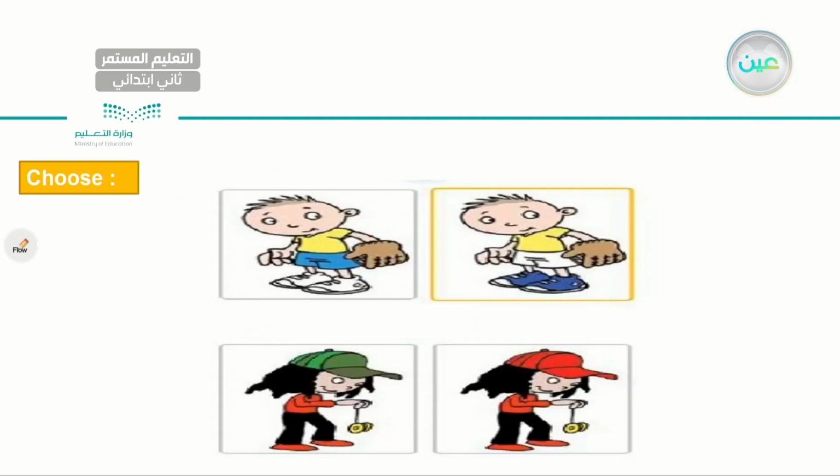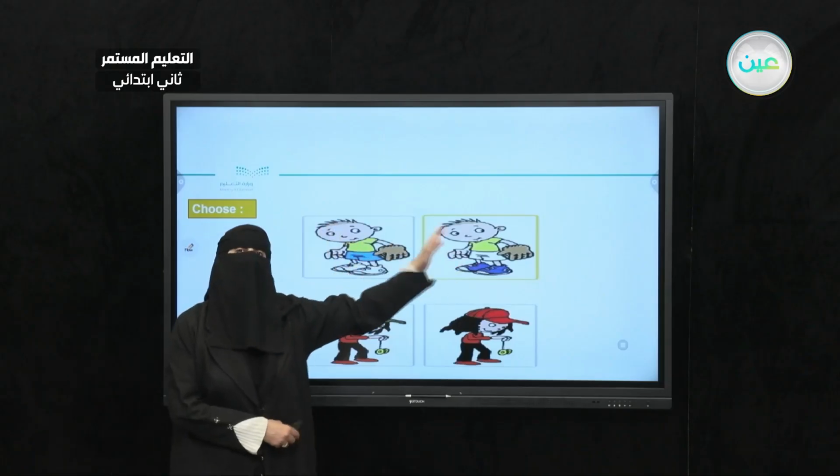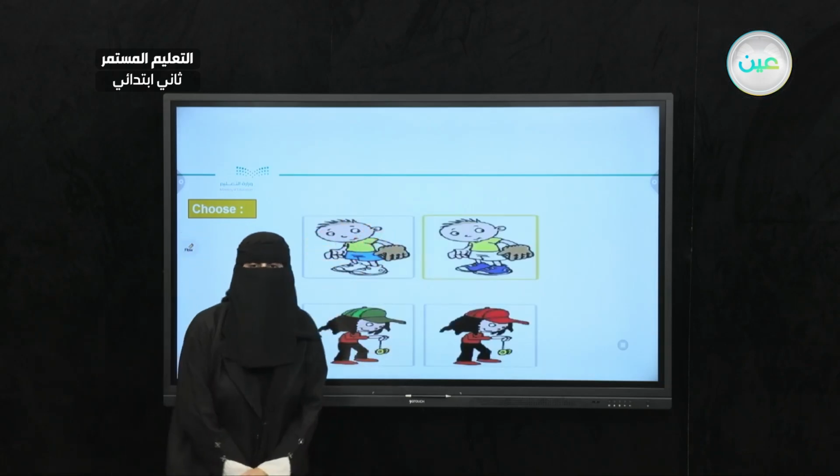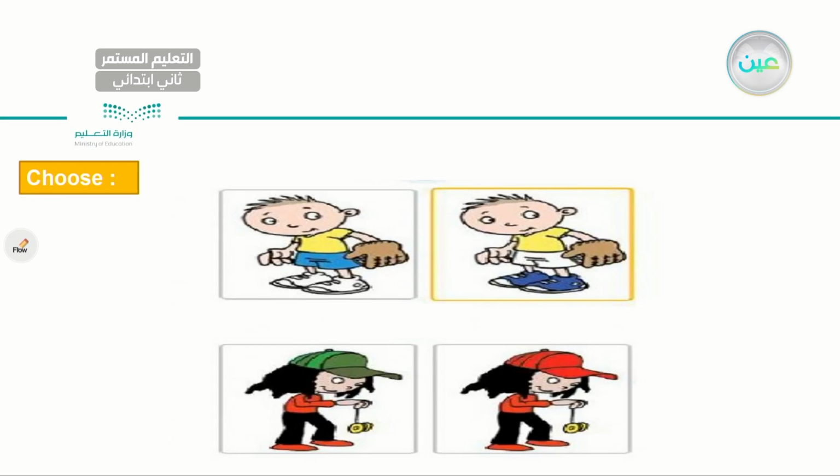Now, let me describe, or let's play a guessing game. As you can see here, I have two boys and then I have two girls, okay? I have two boys above and I have two girls below. What are we going to do? I will describe each and every boy's outfit, and then I need you to tell me, are we talking about, let me put numbers for the boys, number 1 or number 2?